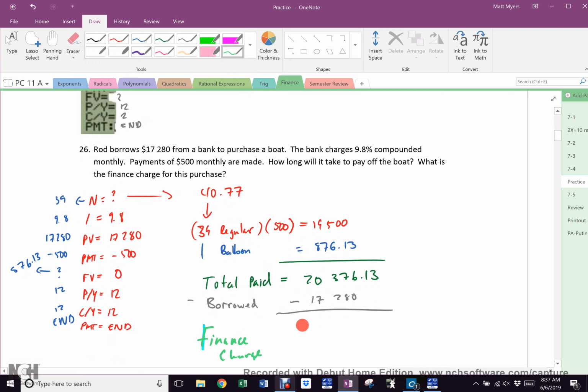Sorry. $3,096.13. How long will it take to pay off the boat? 40 months. 39 regular months and a 40th that's a balloon. Everybody got it? Okay, the tricky part's the balloon payment, but if you set it up, then it's easy, right?